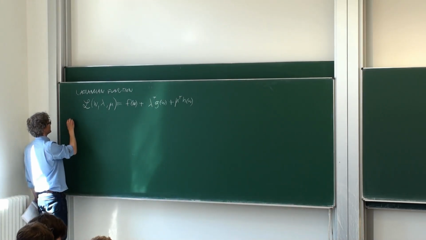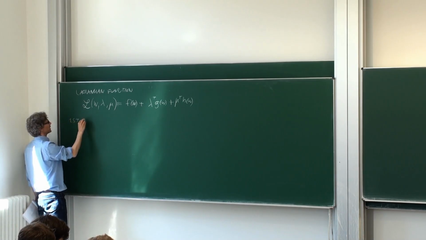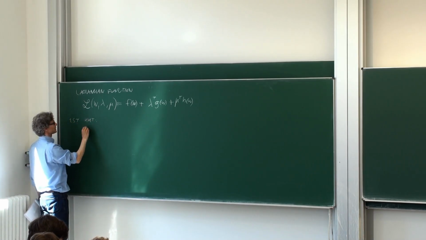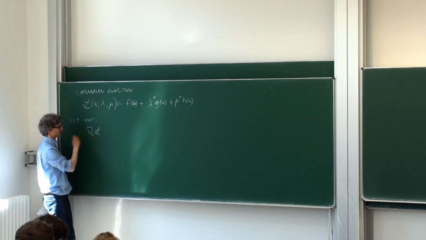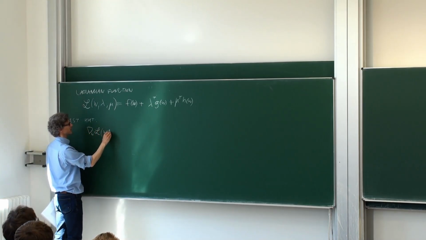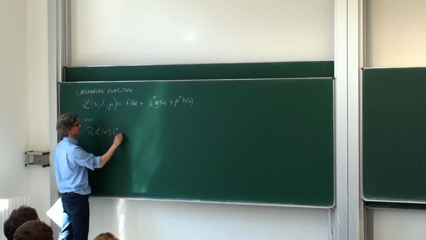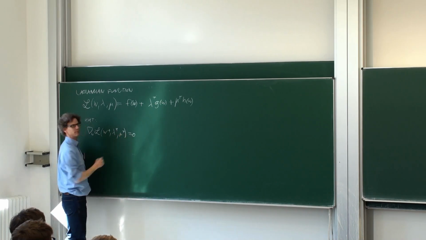Namely, the first KKT condition now reads just: there exist multipliers such that the gradient of the Lagrangian function with respect to the primal variables at the point W star, lambda star, and mu star is 0.